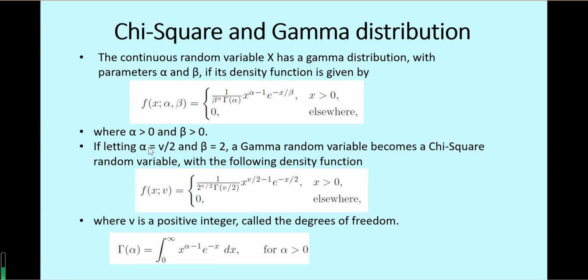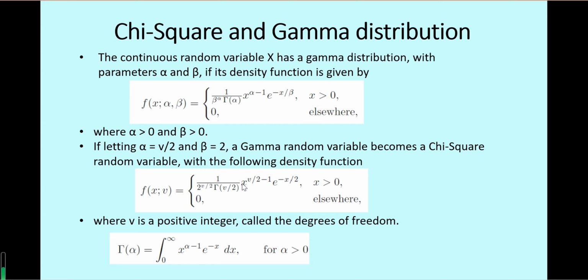But if we let alpha equal nu divided by 2, where nu is the degrees of freedom in chi-square distribution, and beta equals 2, then a gamma random variable becomes a chi-square random variable with the following density function. So this is the density function for chi-square distribution with degrees of freedom nu.